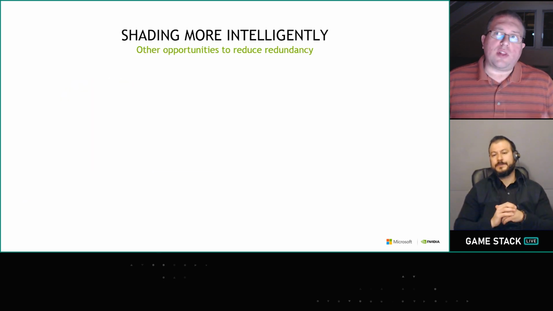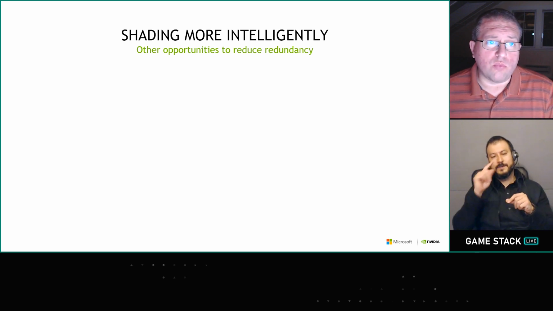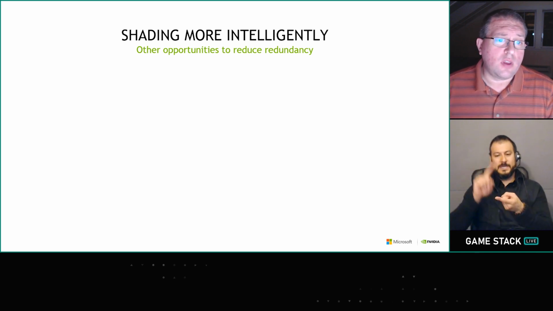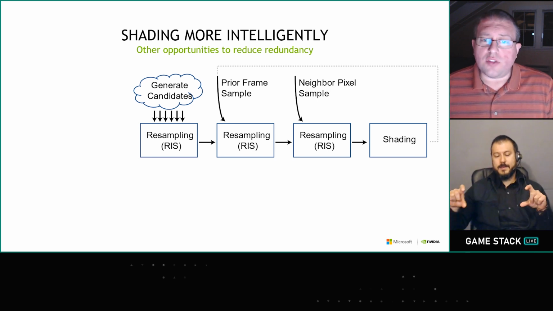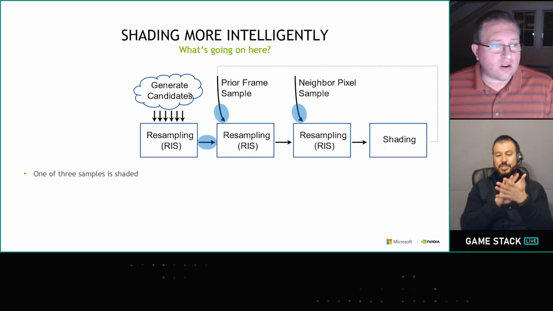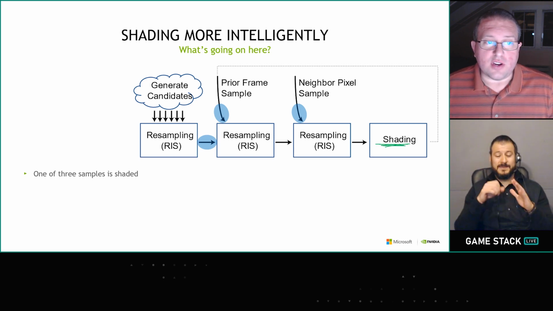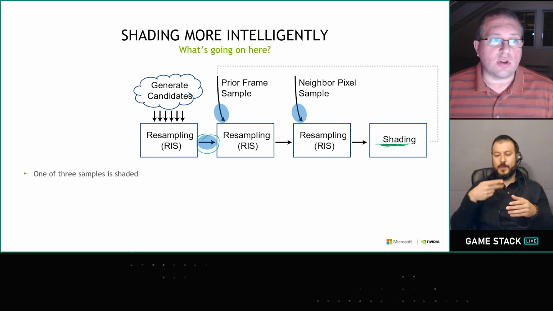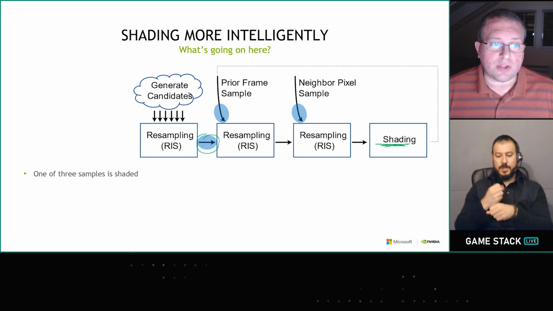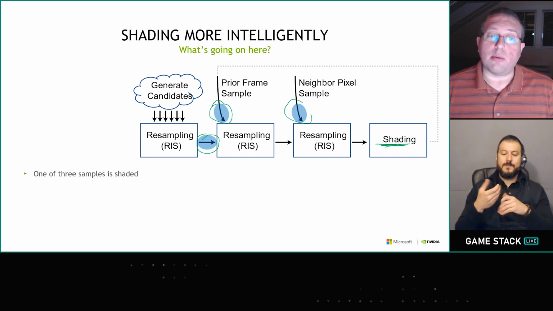So once we realize this, there's actually some additional opportunities for redundancy reduction. If we go back to our ReSTIR pipeline and look at what's actually getting shaded here, it turns out that only one of 3 light samples ever gets shaded. There's the winner of our pool of candidates that we generate per pixel, there's the one sample from our prior frame, or there's the one sample from our neighbor pixel.